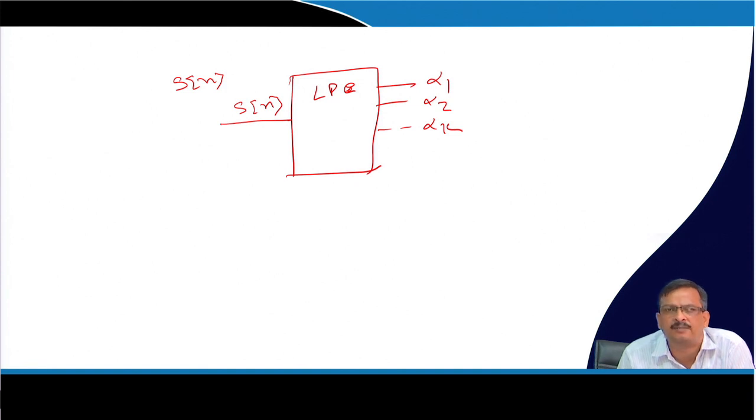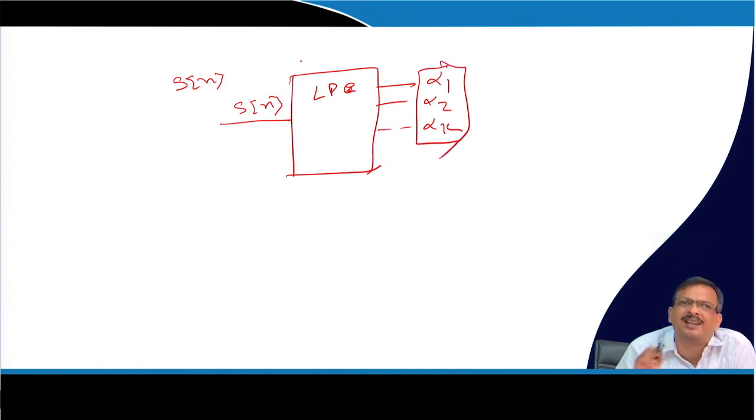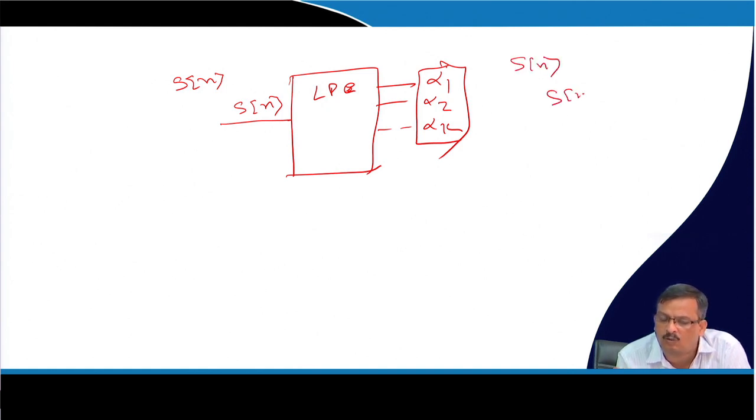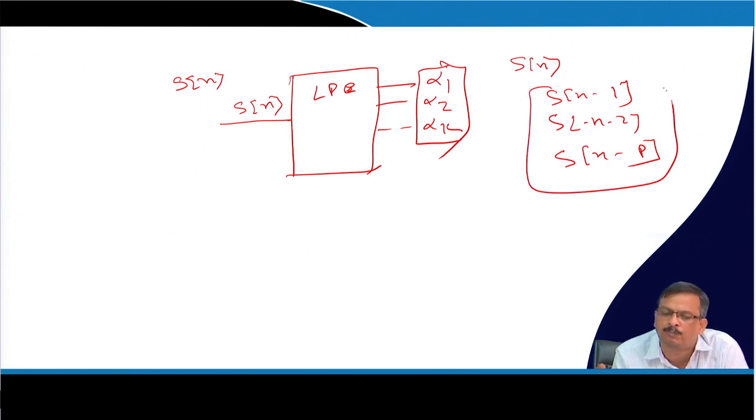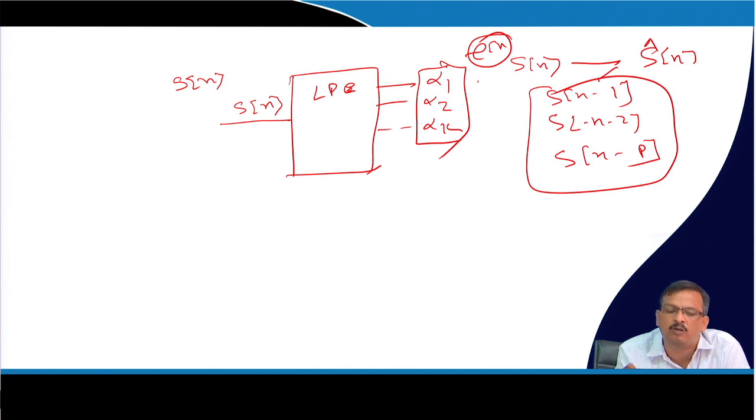How do I compute those values? By minimizing the error. I know s(n), s(n minus 1), s(n minus 2), up to s(n minus p), the previous p samples. From those, I estimate the current speech sample, subtract it to get the error, and minimize the error to estimate the values of alpha 1, alpha 2, up to alpha k.